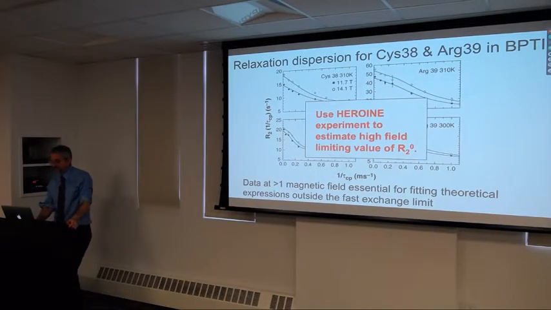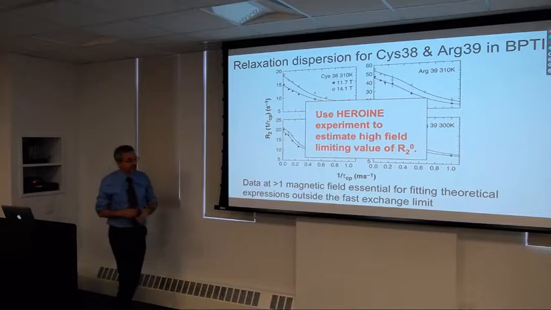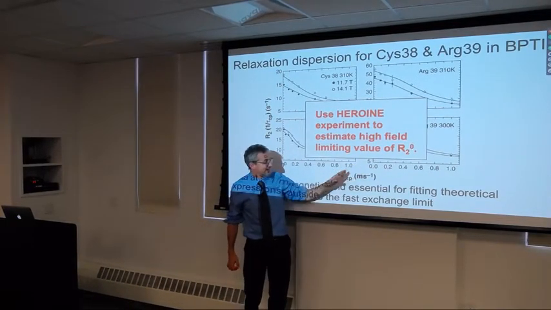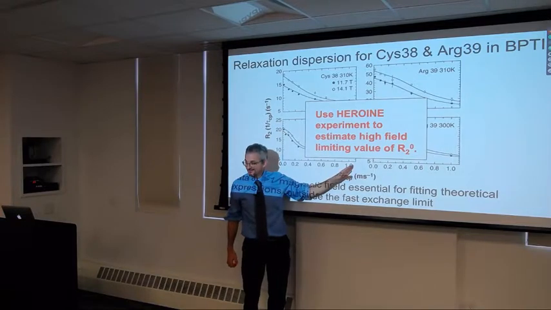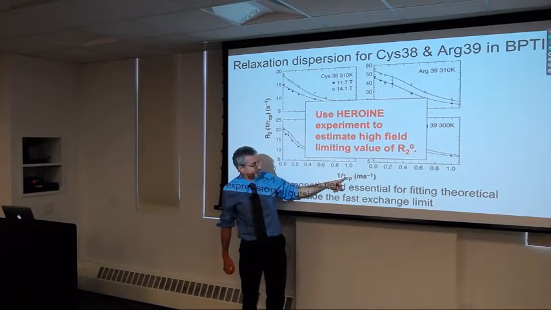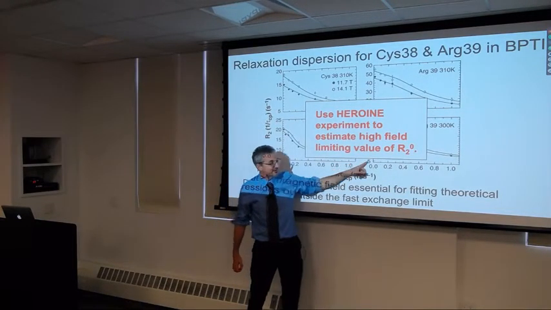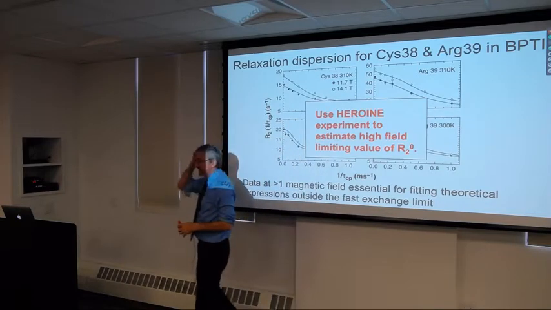And Christian Griesinger's group a few years ago proposed an experiment to measure the limiting value. The problem with getting to the limiting value is you have to make tau CP very short. And this is plotted as 1 over tau CP. So we need to make tau CP very short to get to the limiting value, but we can't do that.